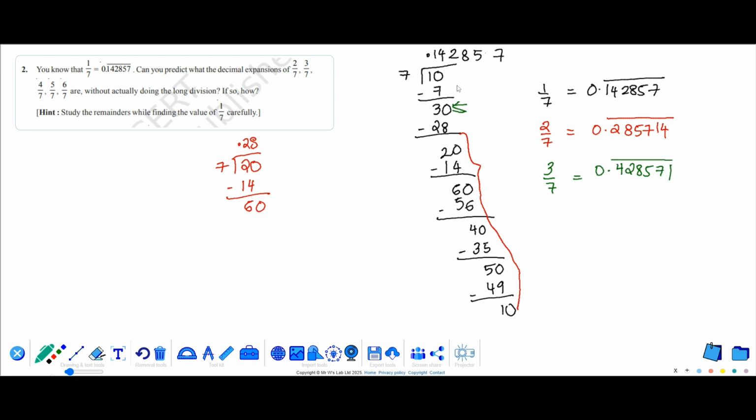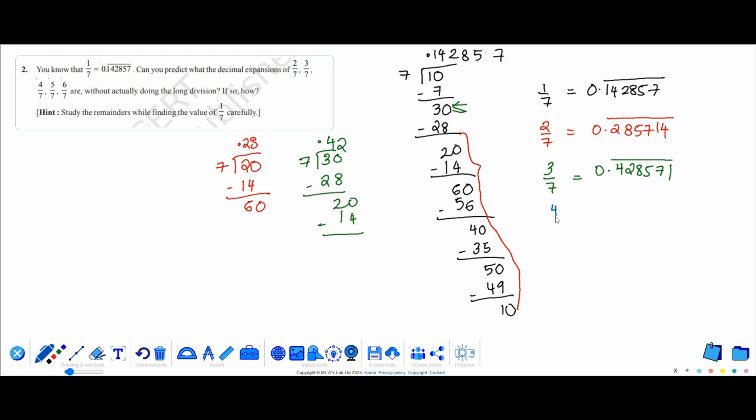Now if you want me to do it again, I'll show you. 3 divided by 7. So 7 into 4, 28, 2, and then 7 into 2, 14. So it's the same division we are doing in this case.